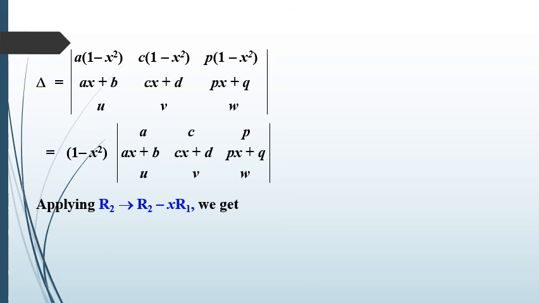Next, we will apply the operation R2 implies R2 minus X R1 on the elements of R2.